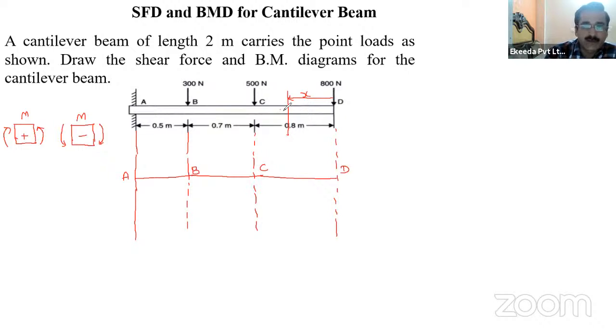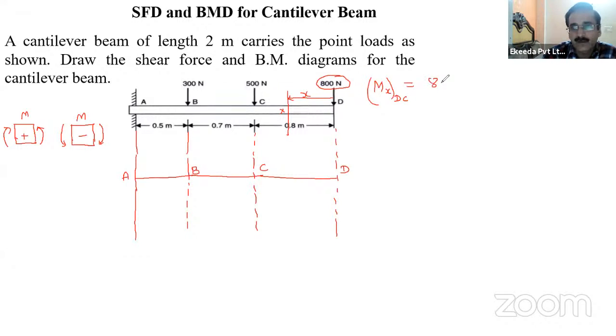At the X section we have taken, what is the bending moment? That bending moment will be valid between D to C, because there is no other force between D to C. So Mx between D to C will be equal to the moment of 800. Only one force is there, 800 Newton.